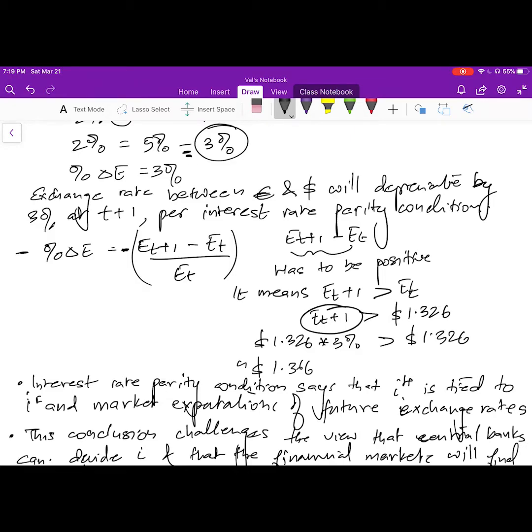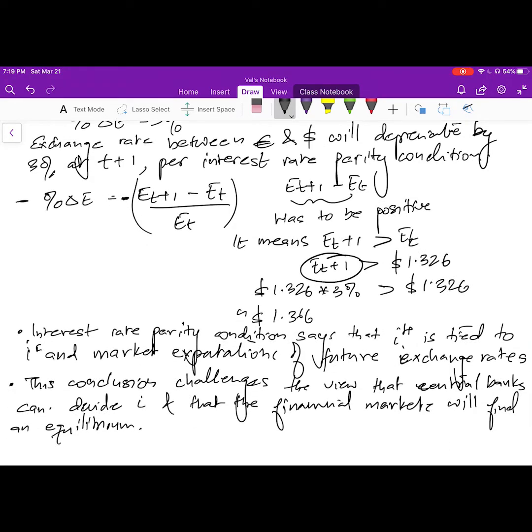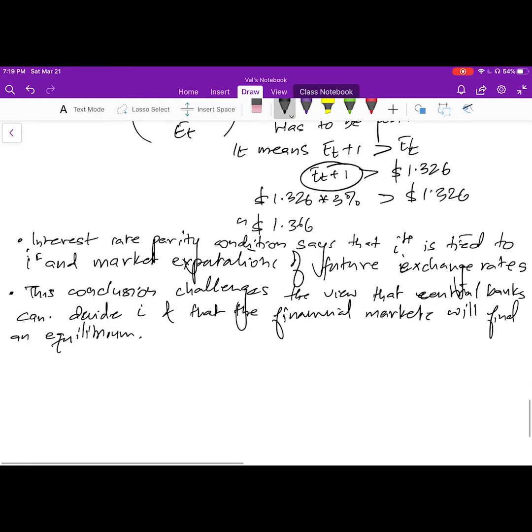And if that is true, then what role does central banks really have in determining the interest rates? So that's some food for thought.